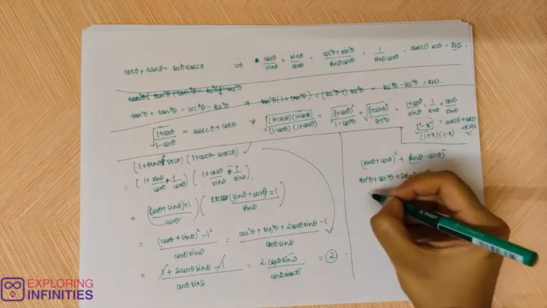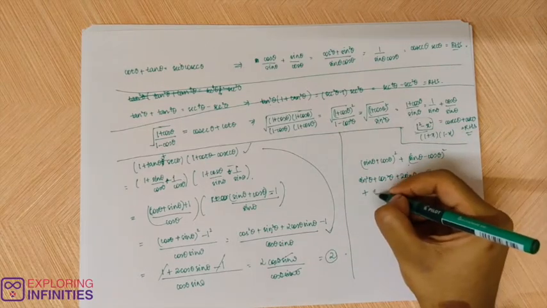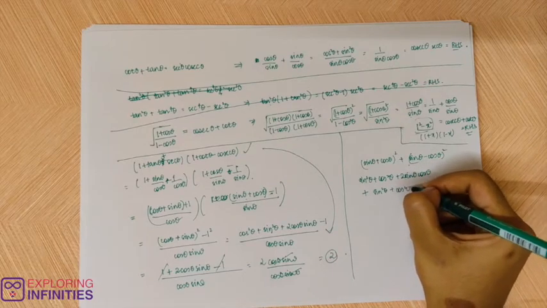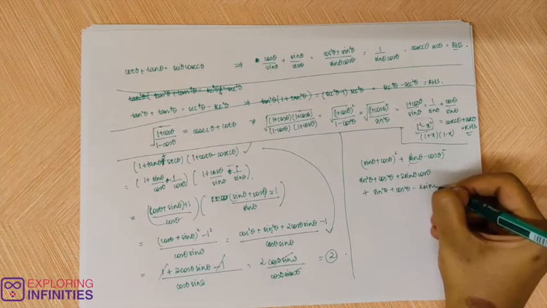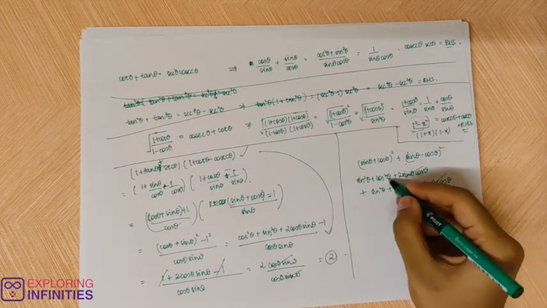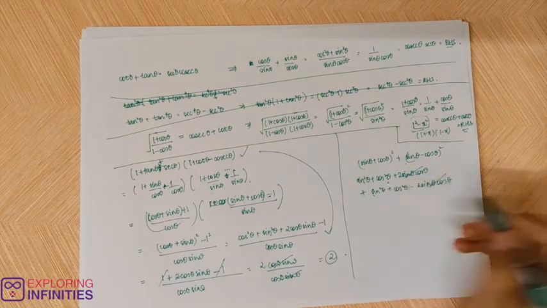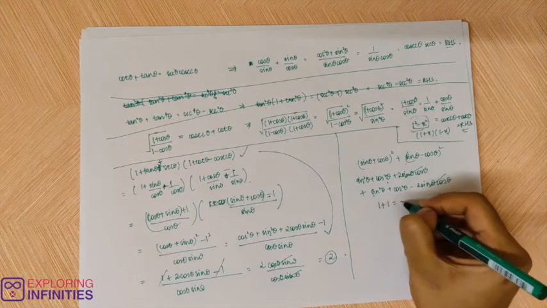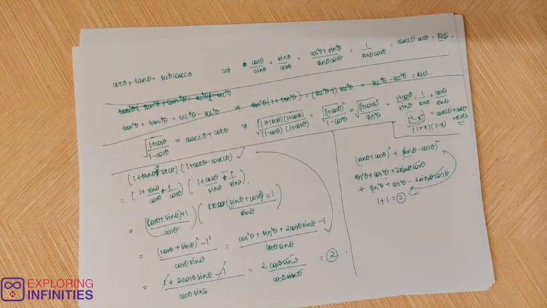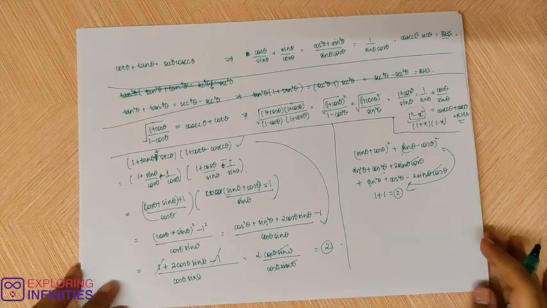This is plus, this is (a minus b) whole square, so sin square theta plus cos square theta minus 2 sin theta cos theta. So these two will get cancelled, and the sum of this is 1, the sum of this is 1. So this is 1 plus 1, so the value is 2. Again, the value of this is 2. And let's take another.